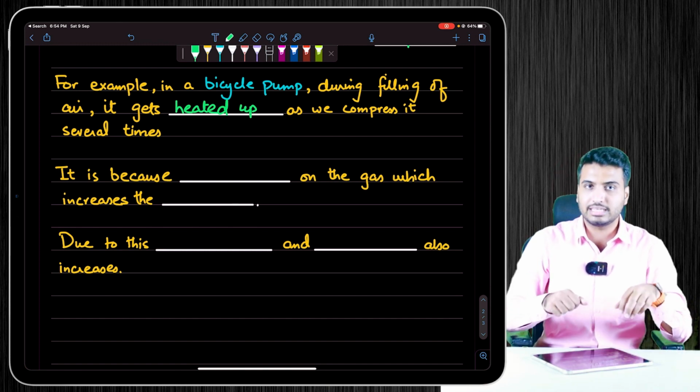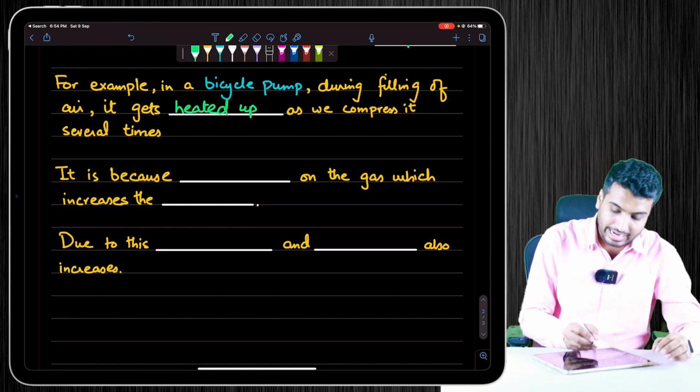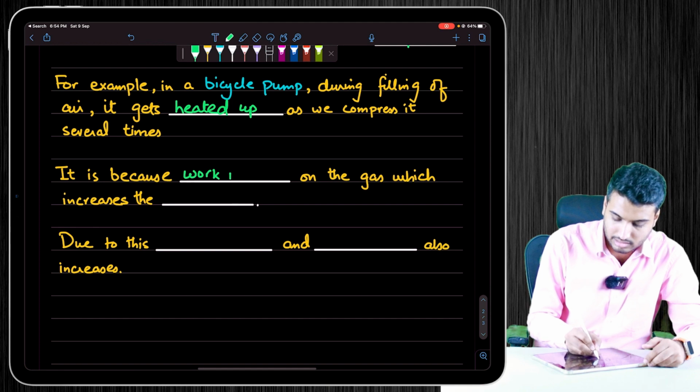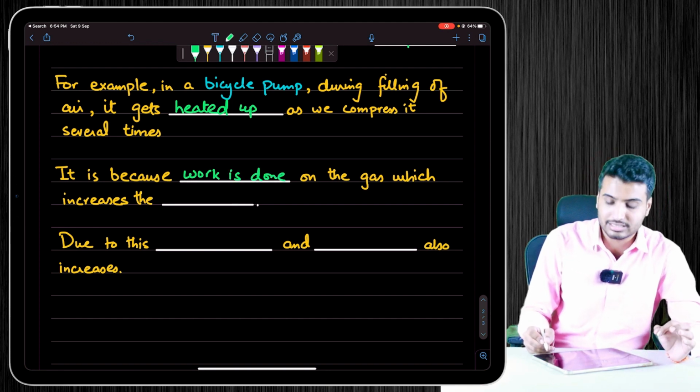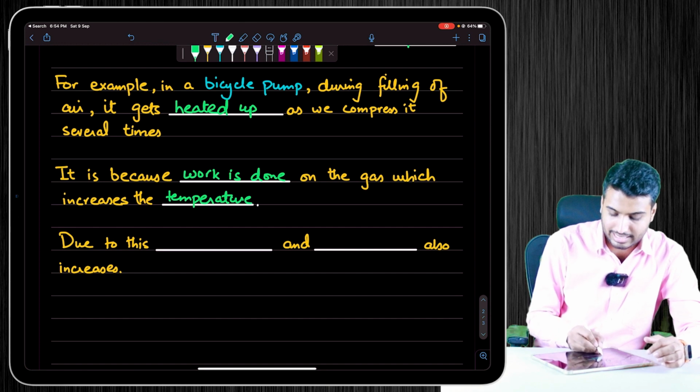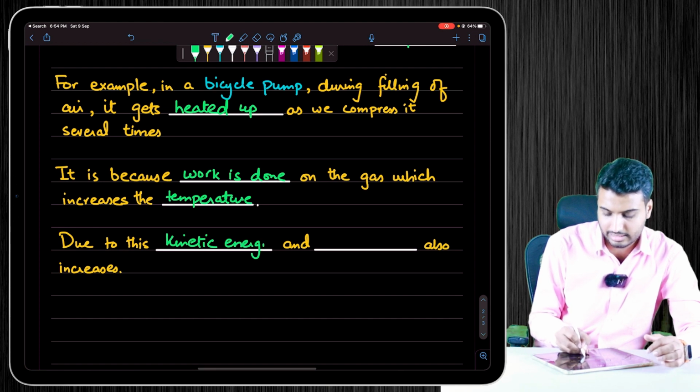It is because work is done on the gas, which increases the temperature, and that increase of temperature ultimately increases its kinetic energy and internal energy.